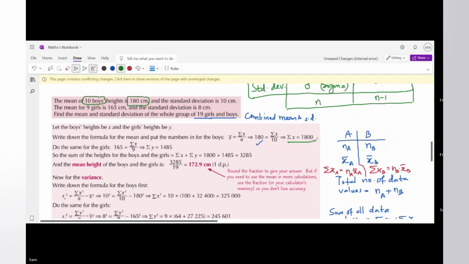So total 10 times 180, 1800. 9 girls with average 165. So 9 times 165, 1485. So the sum of the heights for the boys and girls is sigma x plus sigma y, which is 3285. And when you divide by the total number of observations, that is 10 plus 9, boys and girls together, you get 172.9 as the average of the combined group.